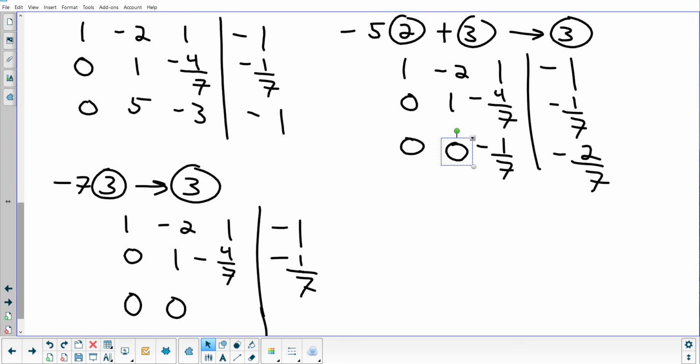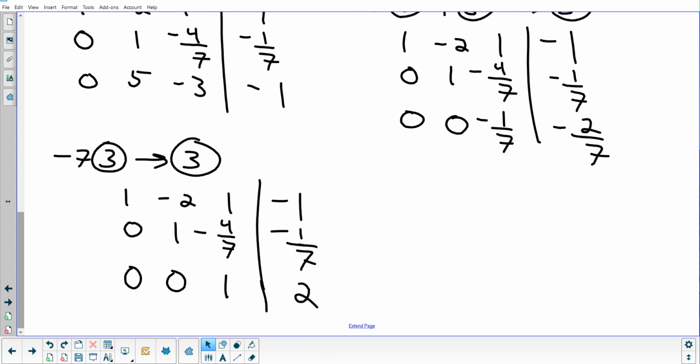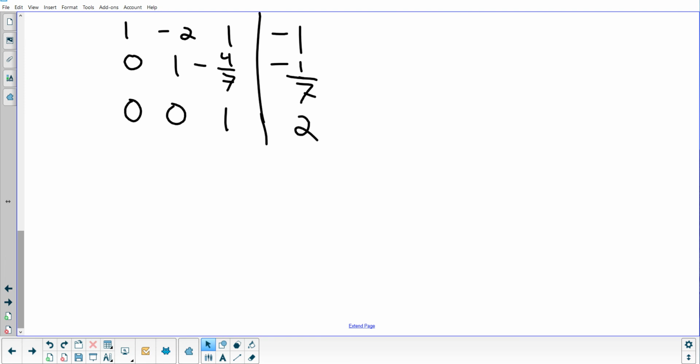The next one by negative 7? 1. And the last one by negative 7? 2. So now, what does this last equation tell me? 0x plus 0y plus 1z equals 2. Z equals 2. So now we've got z.